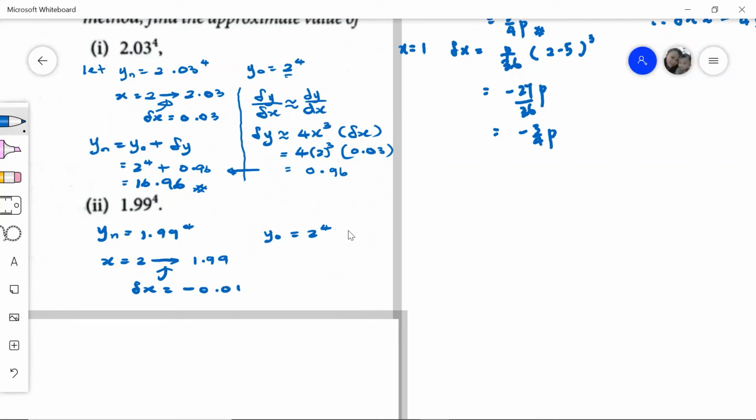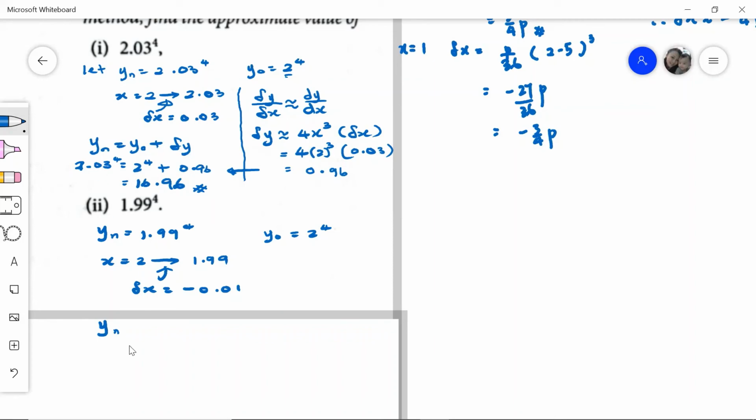Therefore, we want to find delta y by delta x in order to find the value of 1.99 to the power of 4. Over here, I should write 2.03 to the power 4 is equivalent to 2 to the power 4 plus the small change in y, as there is a small change in x.